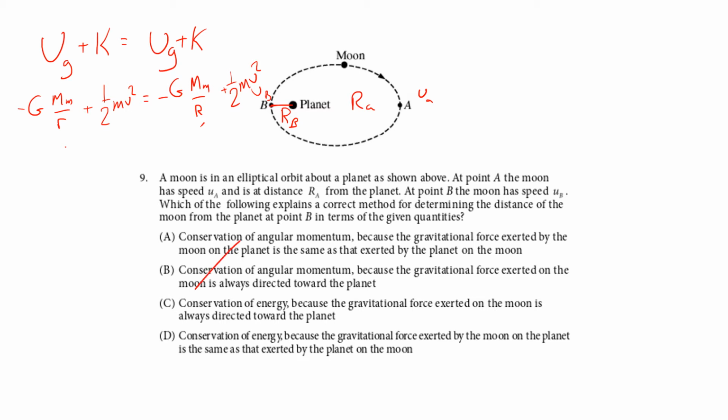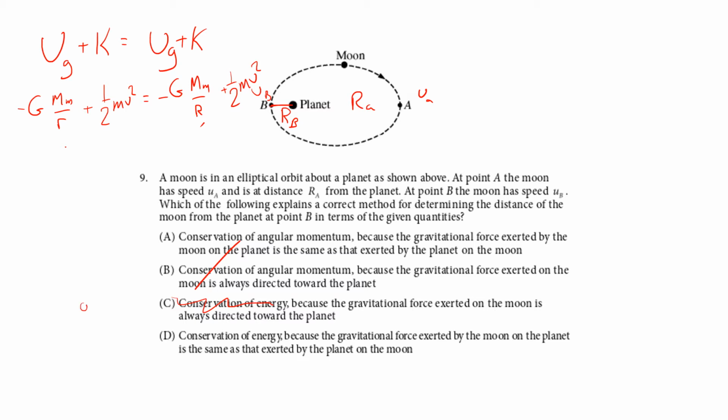But why? Is it because the gravitational force exerted on the moon is always directed towards the planet? Or is it because the gravitational force exerted by the moon on the planet is the same as that exerted by the planet on the moon? Well, let's look at our equation here. Are we doing anything where it's directed towards the planet? No. This would be if you wanted to do something with centripetal force.